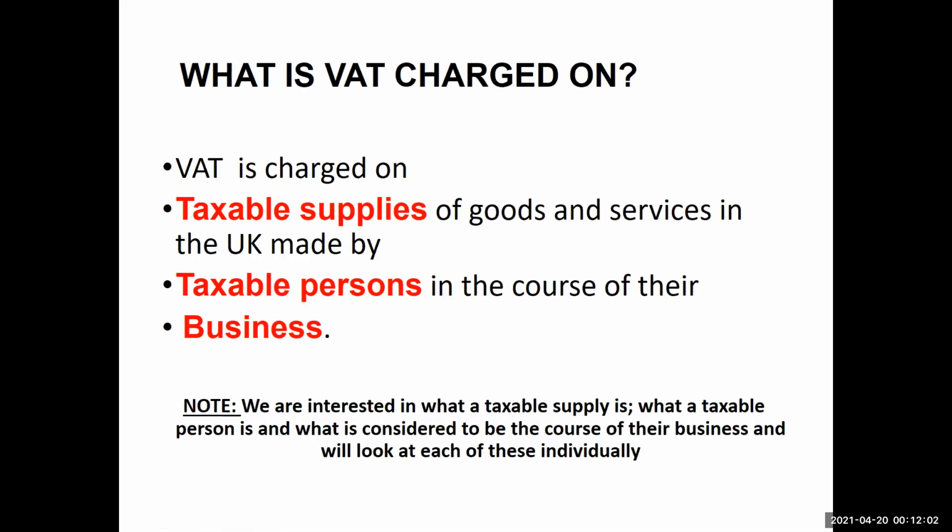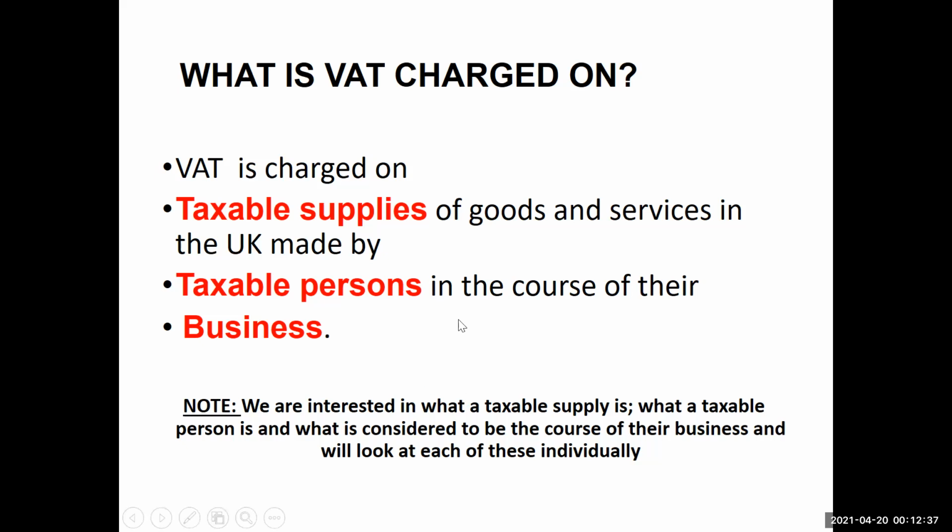Now, the question is, what is VAT charged on? VAT is typically looking at three key items. First, the taxable supplies of goods and services in the UK, as we are dealing with UK jurisdiction. Then taxable persons, and then cost of business. So we are interested in what a taxable supply means, what a taxable person is, and what is considered the normal or ordinary cost of business that a company or organization runs.